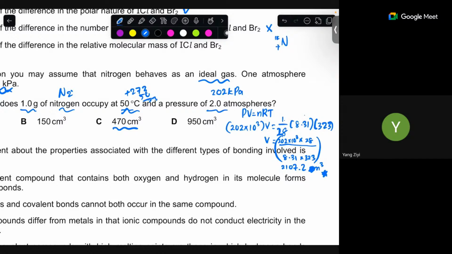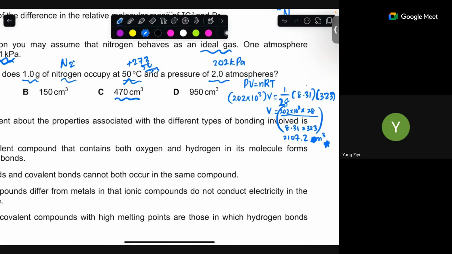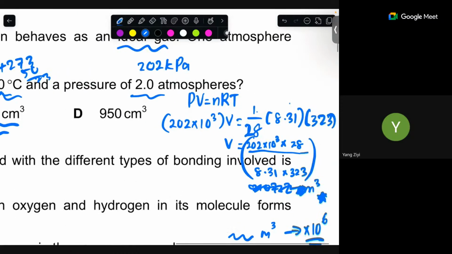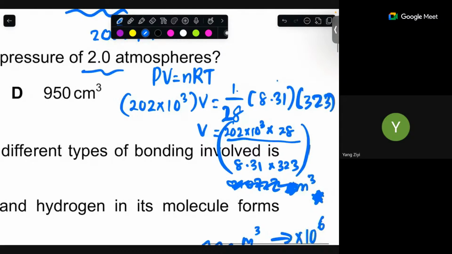Then after that, because you want to go from meter cube to cm cube, you need to multiply by 10 to the power of, because 10 negative 2 times 10 negative 2 times 10 negative 2, so you need to multiply by 10 to the power of 6. Then you are supposed to get this answer. So just convert and then calculate accordingly, and you should be able to get the answer properly.